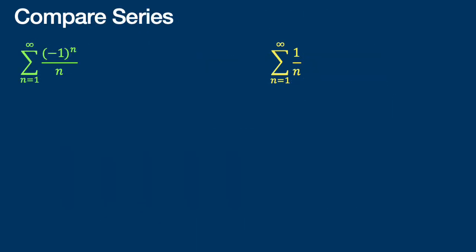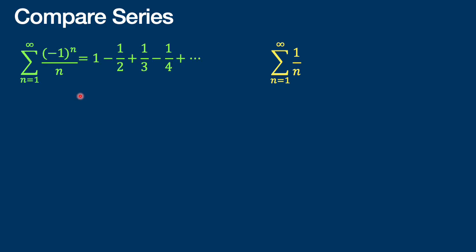Let's compare two series we have here. The left series is the alternating series. The right series is the harmonic series. How are they related? Let's expand the alternating series here.